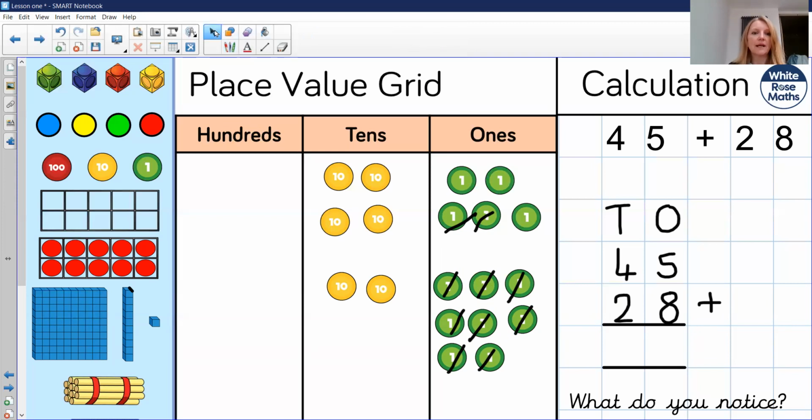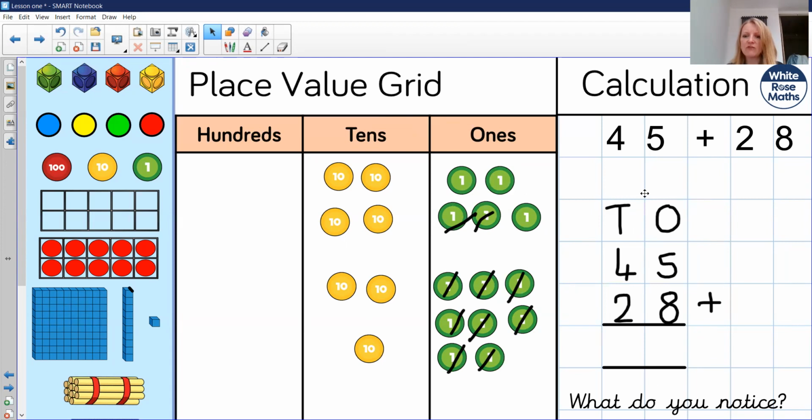So now I can regroup those to make 1 more 10. So my answer is going to be 10, 20, 30, 40, 50, 60, 70, 1, 2, 3. Now I've shown that using the place value counters where the ones can be regrouped to make another 10.